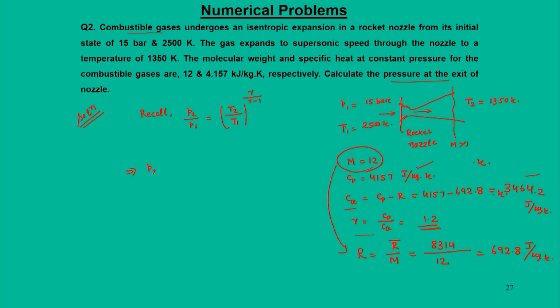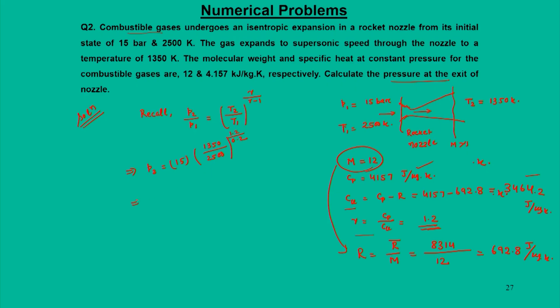So, P2 we can find out is equal to P1, which is 15 bar, times T2 is 1350 divided by 2500, to the power gamma 1.2 by 0.2.